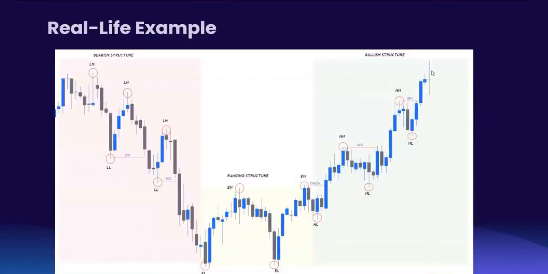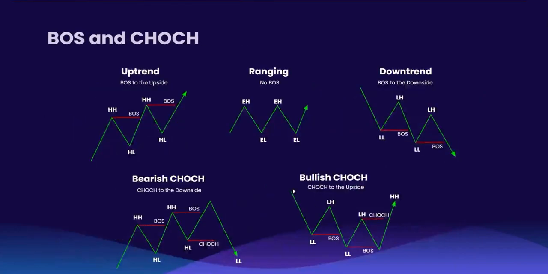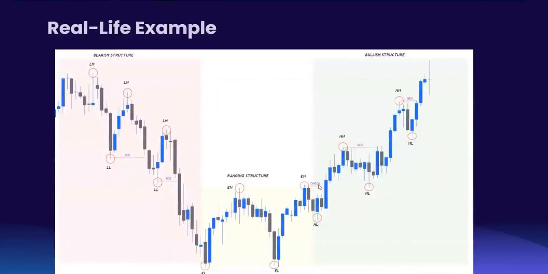This is the bullish trend, and the change of character. As we were coming from a bearish trend, price gave that change of character, and then we started seeing a bullish structure, which refers to this right here as a change of character.